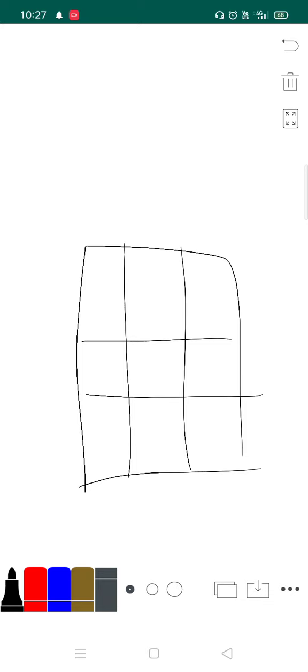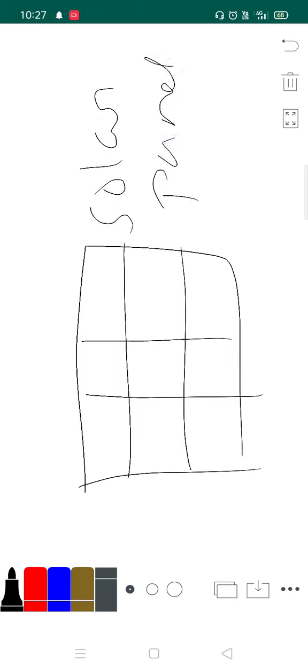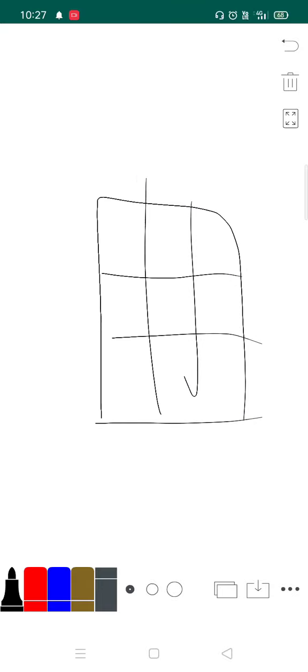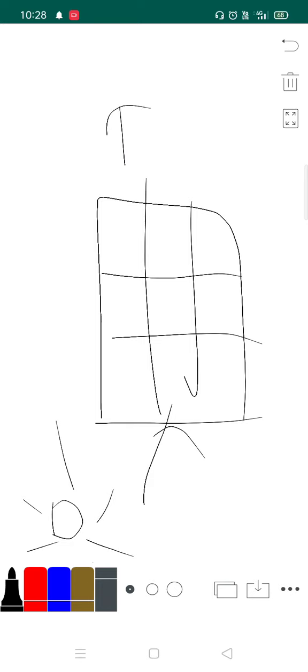The combination of all solar cells is called a solar panel. Understood? So how does the photovoltaic effect work? When sunlight falls on the solar cell, electricity will generate. The generation of electricity by this effect is called the photovoltaic effect.